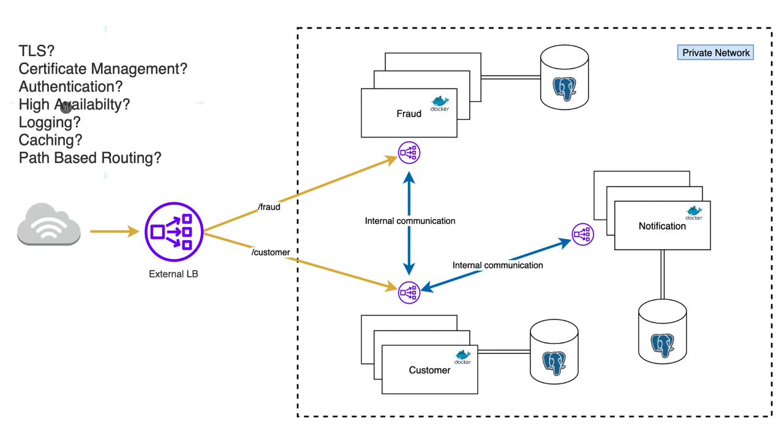Is it cross-region if you're running your application in multi-region or not? Logging, caching, path-based routing. So in here, you see that instead of having multiple external load balancers for each of our applications, we can just have one. And then based on the path, we can redirect the request to the appropriate internal load balancer.